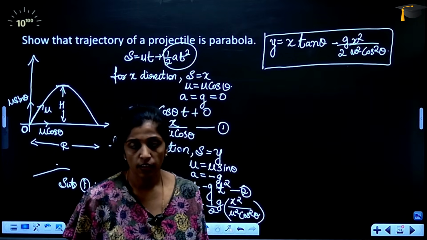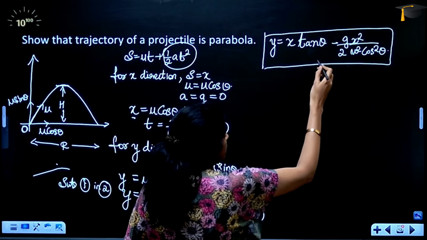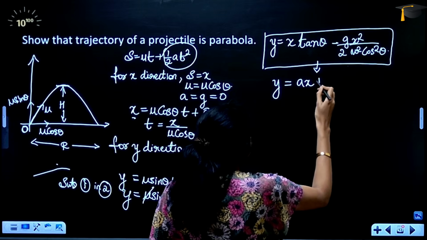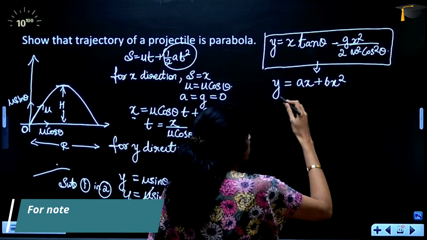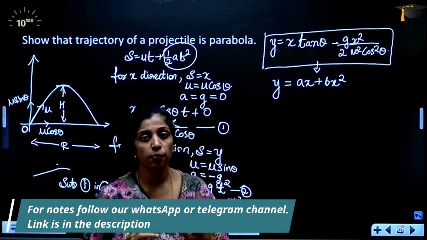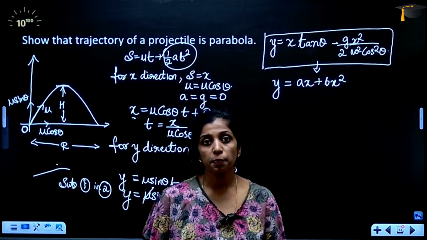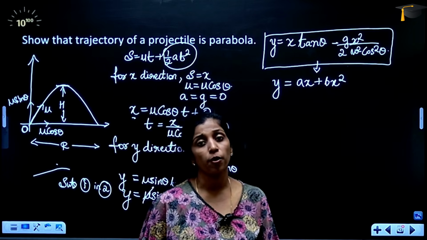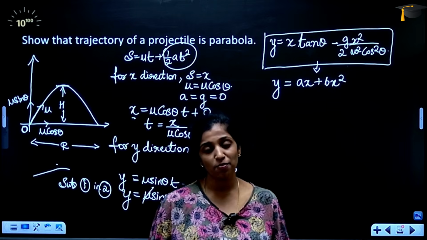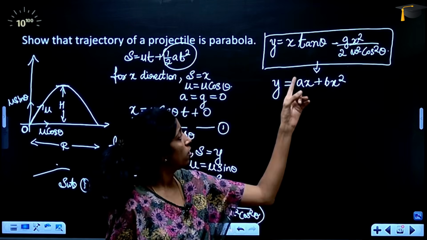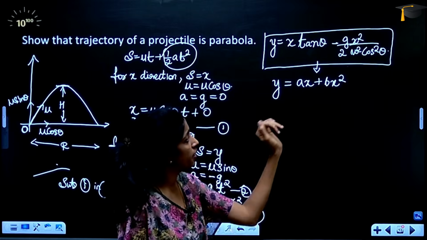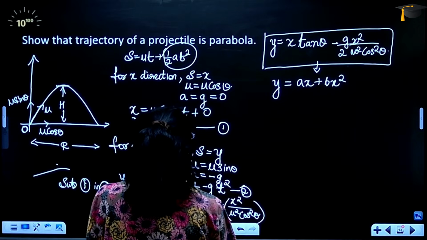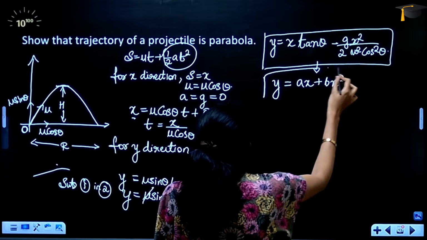Now this equation represents a general formula, that is y equals ax plus bx square. This is a general equation for one particular shape. That shape is nothing but what? Parabola. That's the reason we say that the trajectory of the projectile motion is a parabola. Because the final equation of motion is representing a parabolic equation, y equals ax plus bx square.